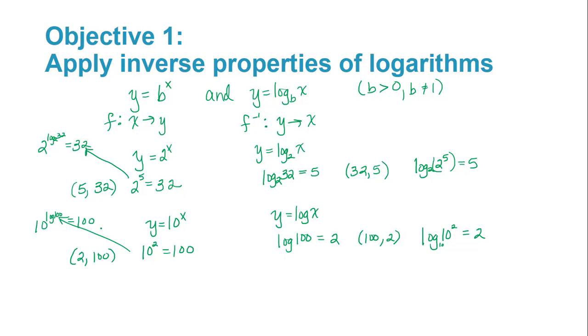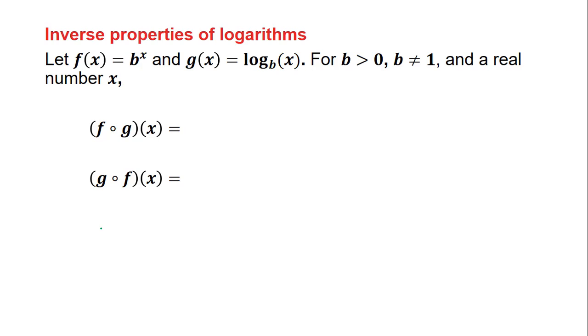And this is really based on the composition of logs. So we can state this official property. Let f of x equal b to the x, and g of x equal log to the base b of x, for b greater than 0 and b not equal to 1, and a real number x.